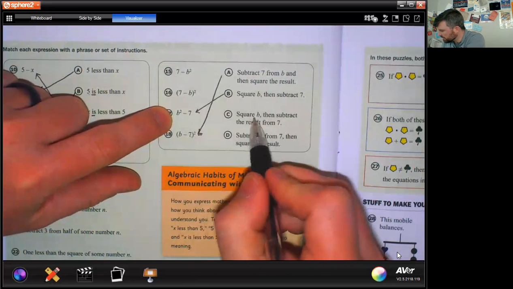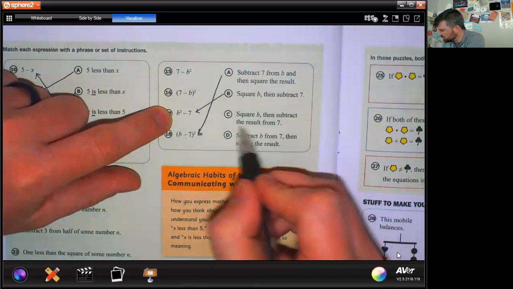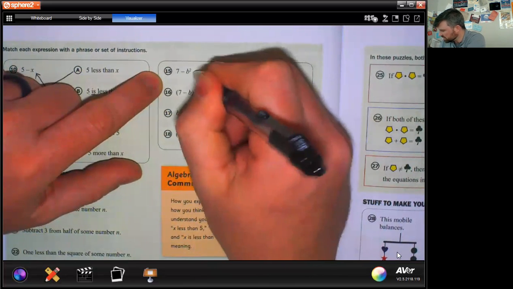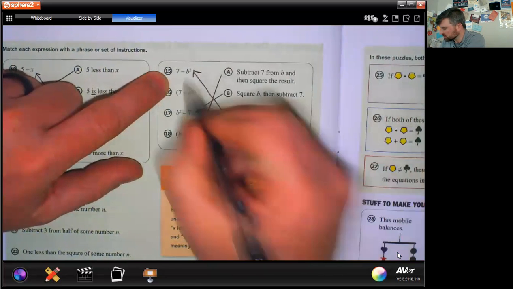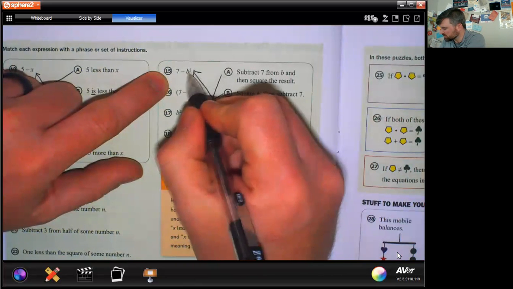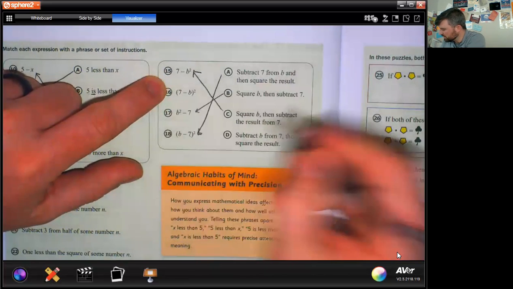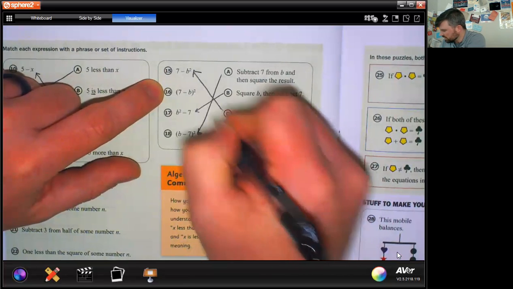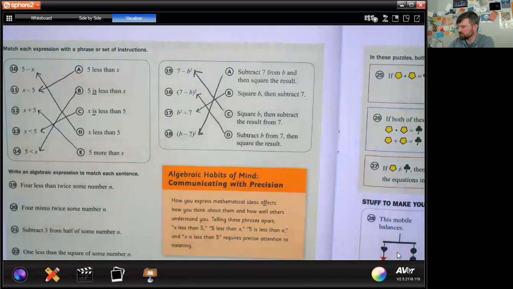Square B, then subtract the result from 7. So that is just rearranging the order there. Okay, so we're going to square b, and then that result we're going to take away from 7. Subtract b from 7, then square the result. Okay, and that required us to put some parentheses in there.